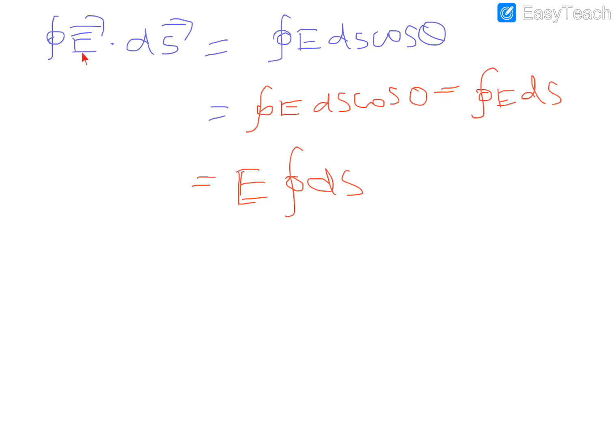In this expression it is a vector. When you use the dot product, the two must be vectors, but when you change it into this form, they are just magnitudes, so there is no need for the vector sign. Please remember all these things we discussed last year. Now you got E into closed integral ds.